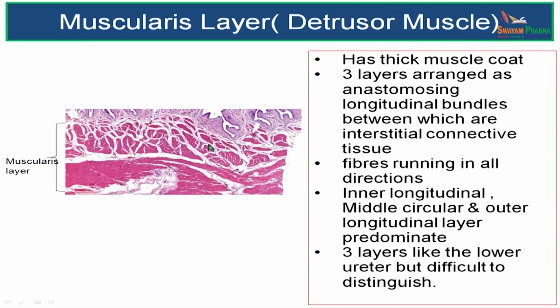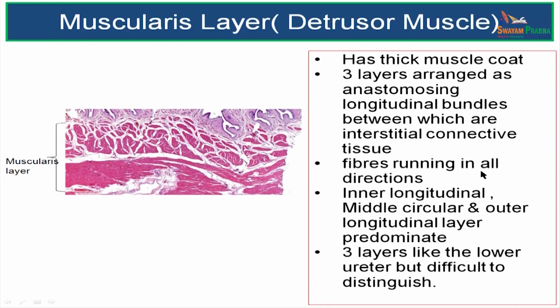Next, we will talk about the muscular layer or the muscularis. As I have already mentioned, the thick muscle coat is called detrusor muscle. There are 3 layers of muscle coat, but they are arranged as anastomosing longitudinal bundles, in between which you will have interstitial connective tissue.